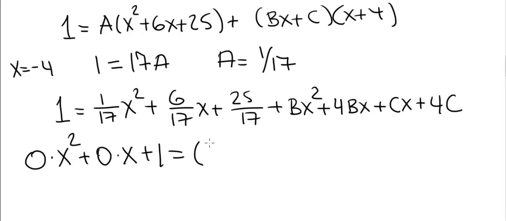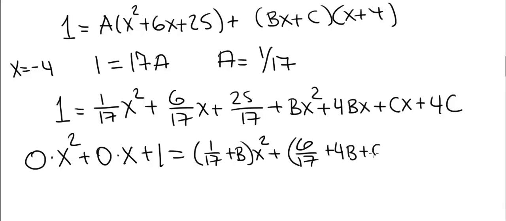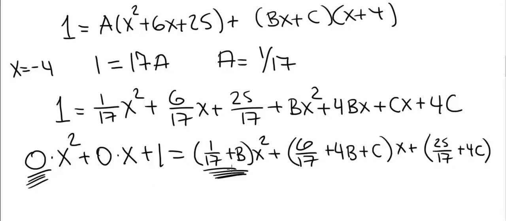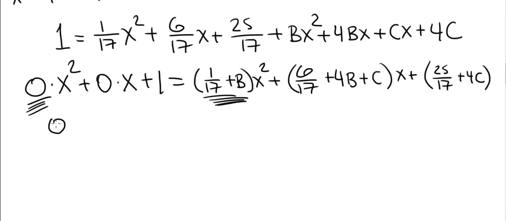And on the right, 1/17 plus b, those are the coefficients of x squared, plus 6 over 17 plus 4b plus c, those are the coefficients of x, and then plus 25 over 17 plus 4c, those are the constant terms. So let's match these up. 0 is the coefficient of x squared on the left, and 1/17 plus b on the right. That gives us 0 equals 1 over 17 plus b, and b is equal to minus 1 divided by 17.